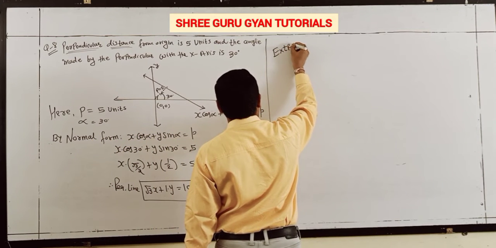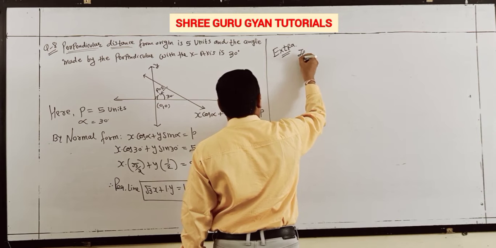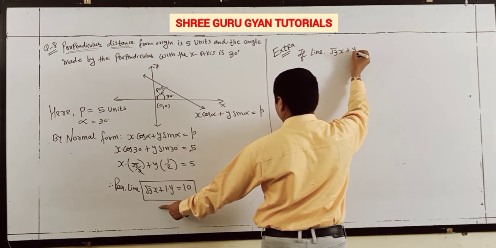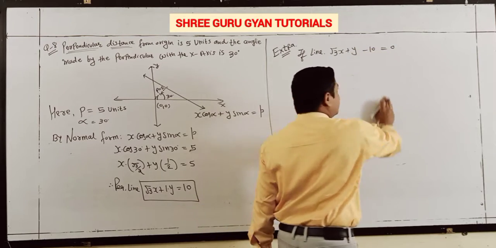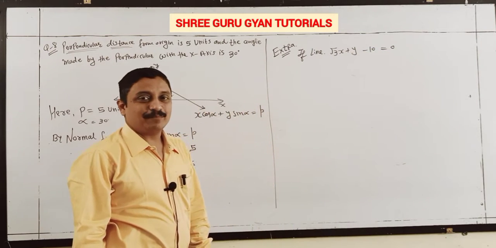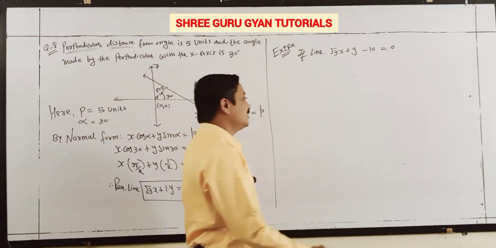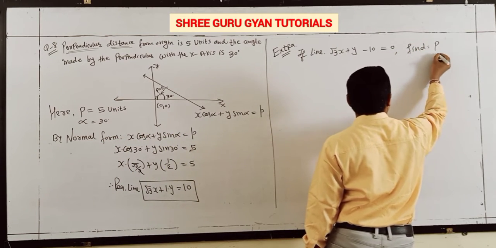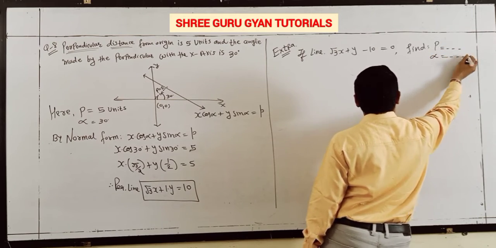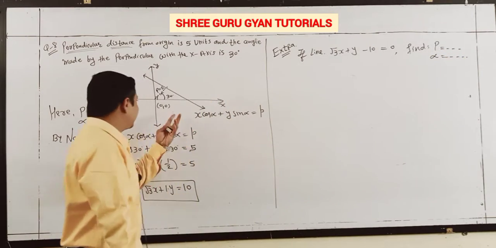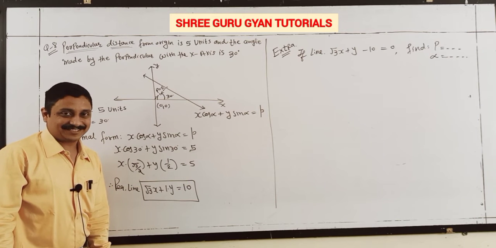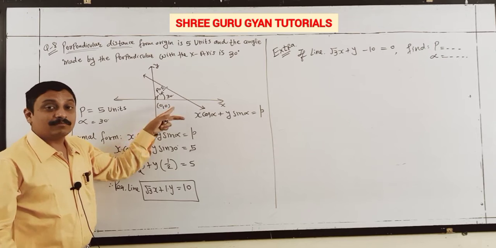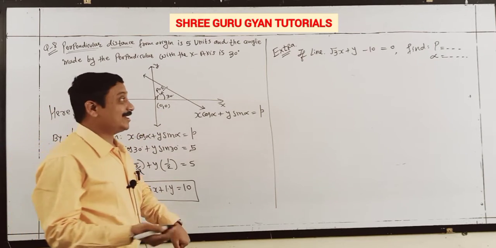If the line is given as root 3 x plus y minus 10 is equal to 0, you can find p, the perpendicular distance, and alpha, the angle the perpendicular segment makes with the x-axis. That type of question may be asked. The answer I know is 30 and 5, but how can we derive it? Very easy.